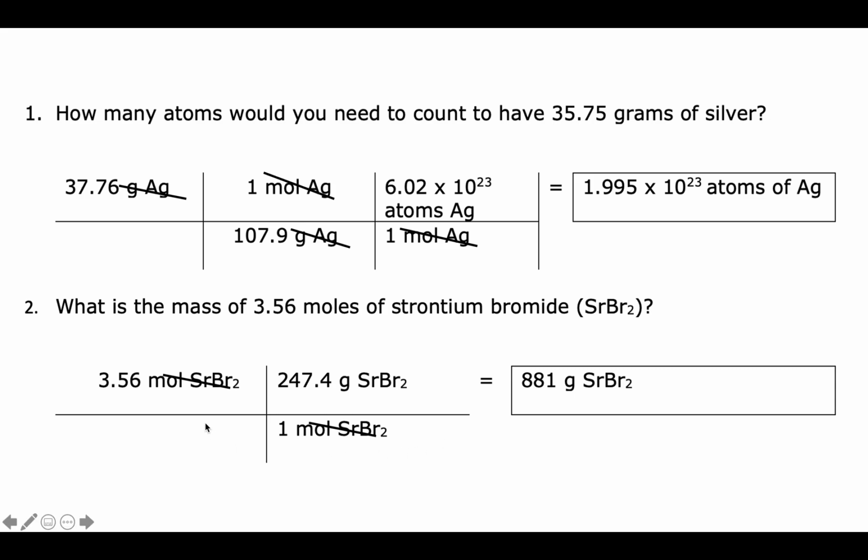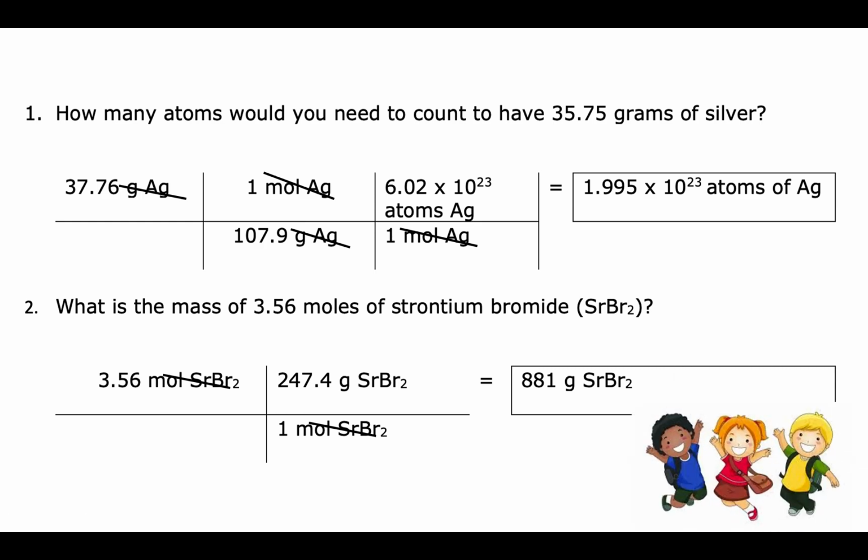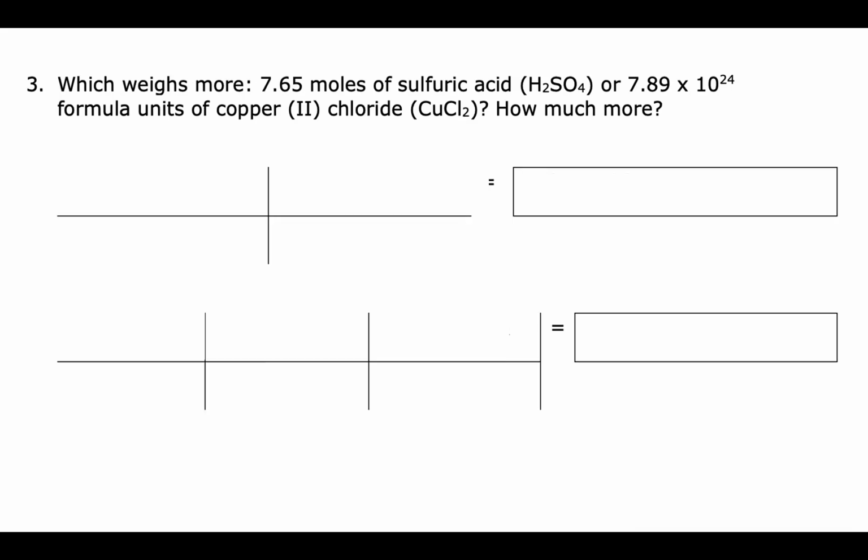If you didn't get that answer, then make your corrections, because we see that it cancels out. And why do we put 3 significant figures here? Because our measurement over here has 3 significant figures. And we're all happy when we get the right answer, jumping for joy.